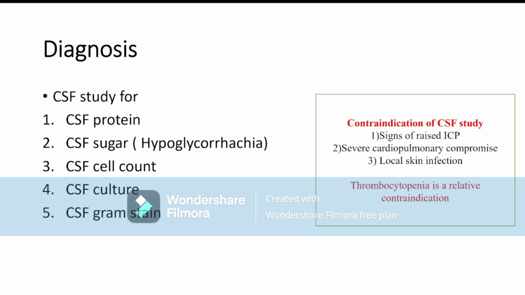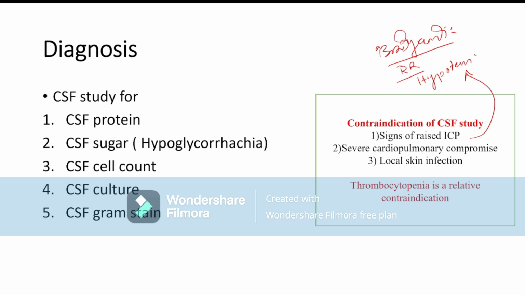Now come to the contraindications of CSF study. Before we do the CSF study, we have to keep in mind that the child may be suffering from intracranial hypertension. The signs of raised intracranial pressure are, one, bradycardia; second, irregular respiratory pattern; and third, hypotension.